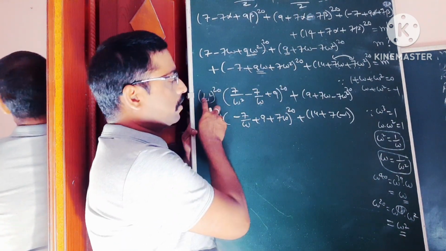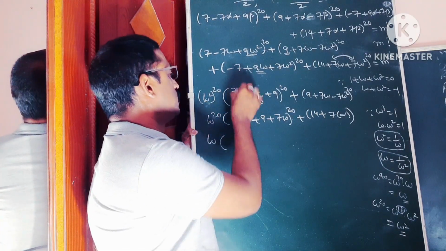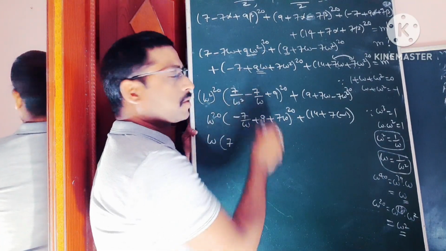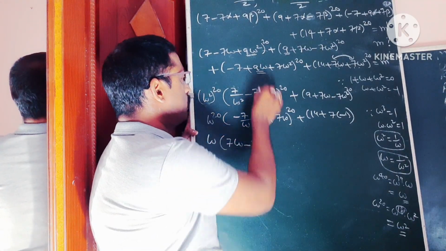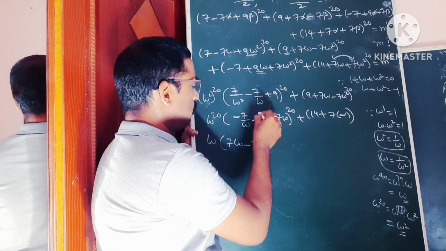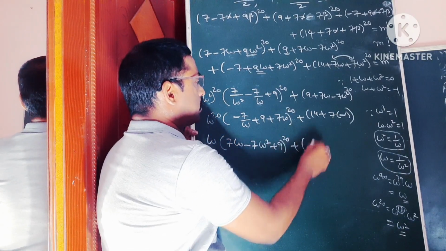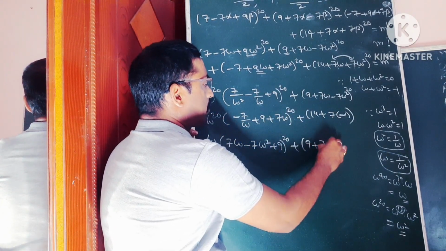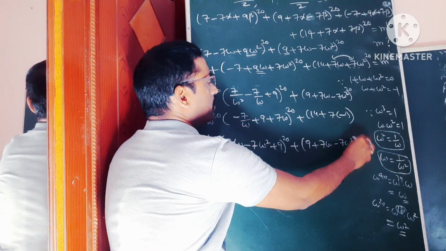Okay, now omega power 40. Replace 1 by omega square value. 1 by omega square value omega. 1 by omega value omega square. Plus 9 whole to the power 20. Here write this value as 7 plus 9 plus 7 omega minus 7 omega square power 20.